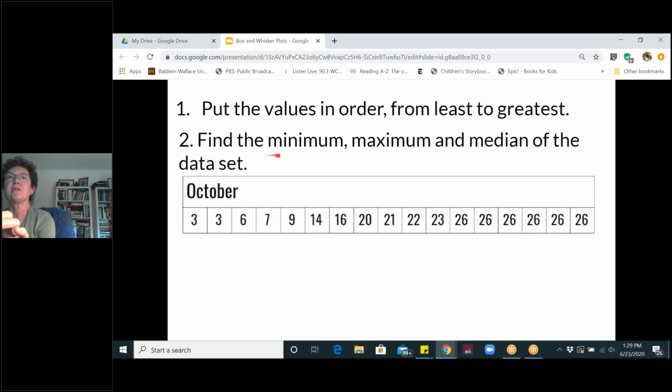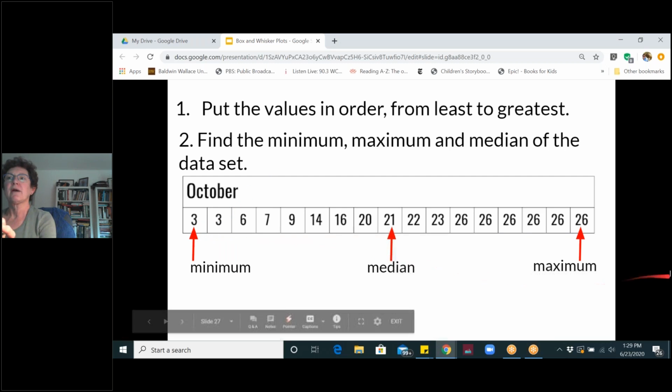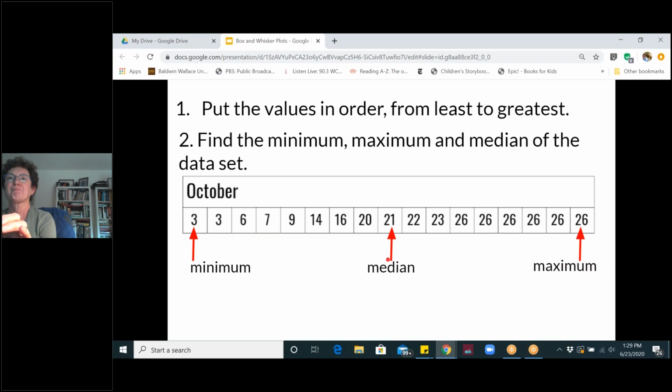And then the second thing we do is find the first three values of our 5-number summary. We have a minimum, a maximum, and the median. Okay, so our minimum is 3, our maximum is 26, our median is 21.